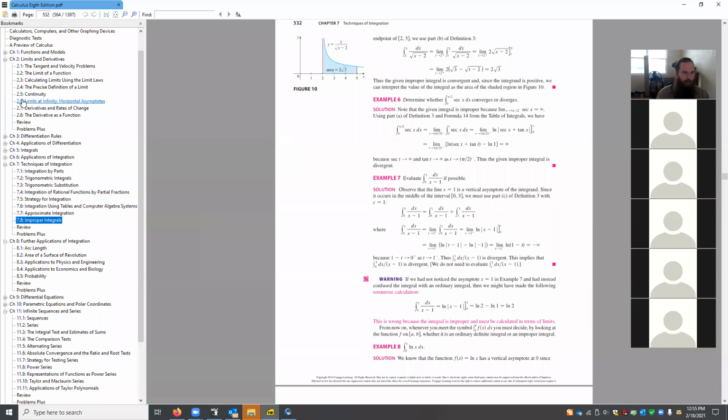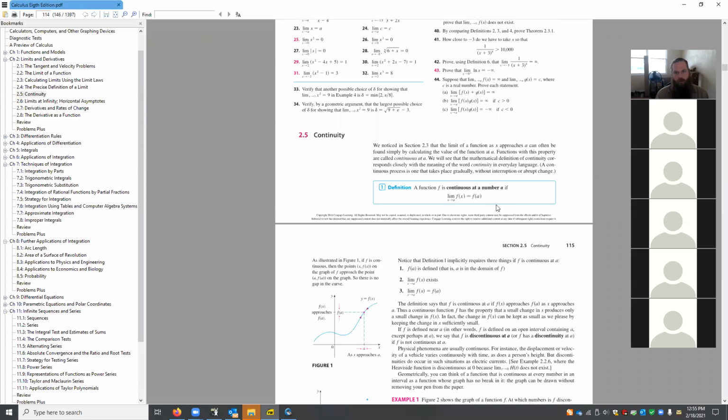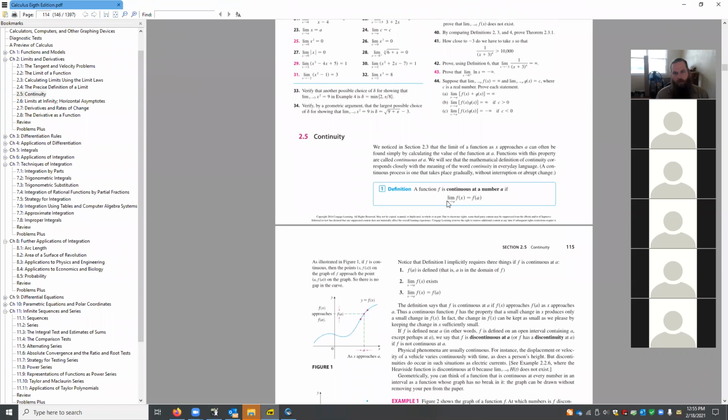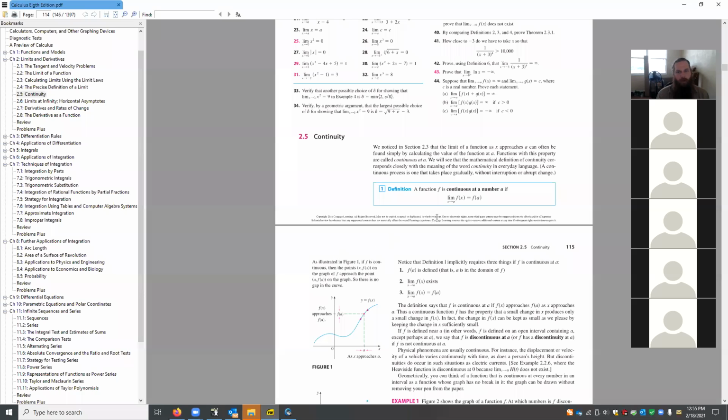If we come back to chapter 2, section 2.5 on continuity, the definition of continuity is the limit is equal to the value of the function there. So it happened to be the case that this function, square root of r minus 2, is continuous at 2. So we can take the limit here just by plugging in. But the previous function, ln of r, is not continuous at 0. So there we had to think a little bit more carefully.